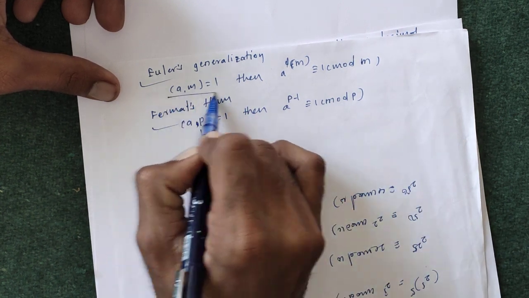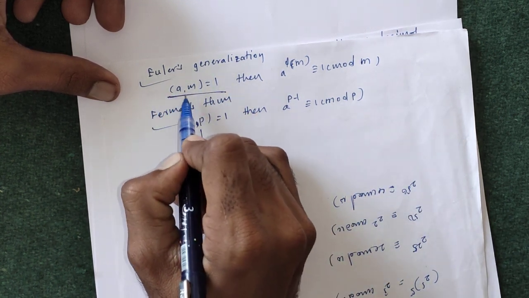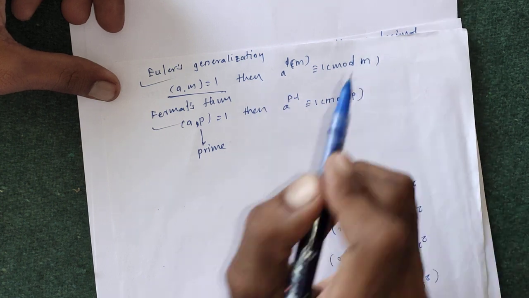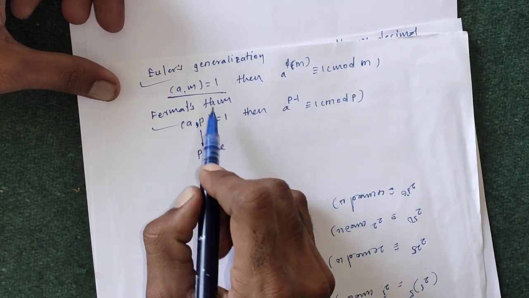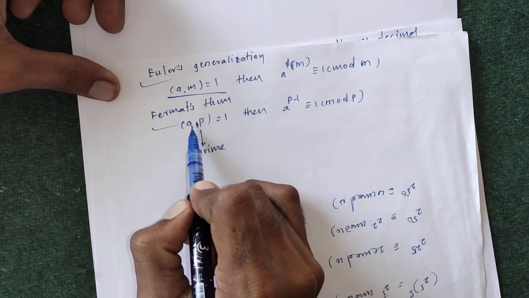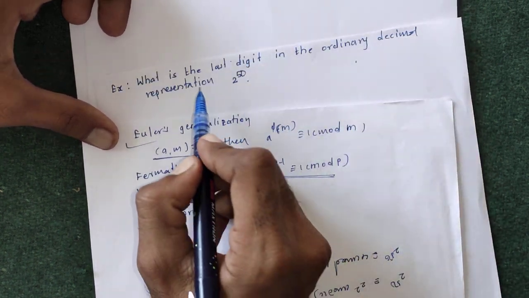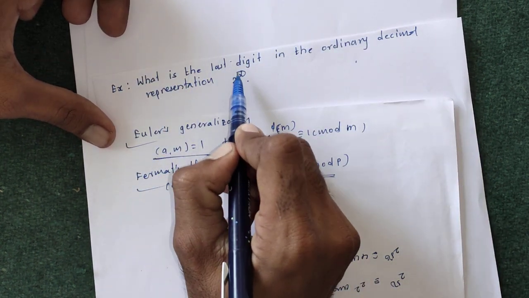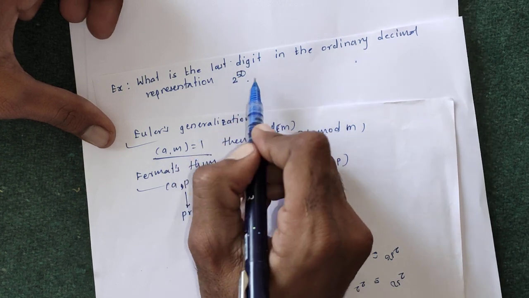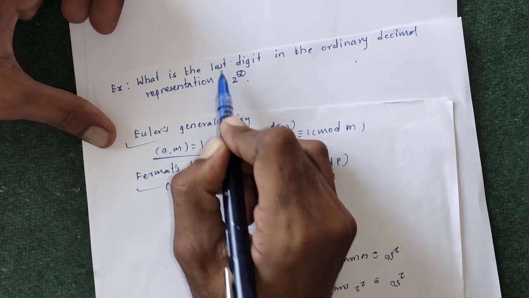But Euler's generalization says that if GCD of A and M is equal to 1, then we can use this, and Fermat's theorem states that if GCD of A and P is equal to 1, then we can write this. But in this example, we have to find the last digit in the ordinary decimal representation of 2 raised to 50.